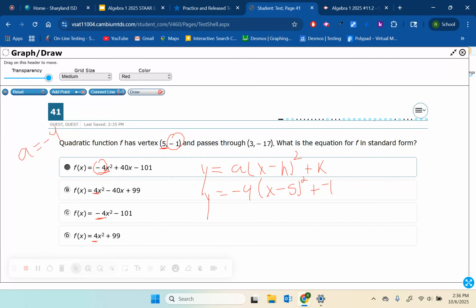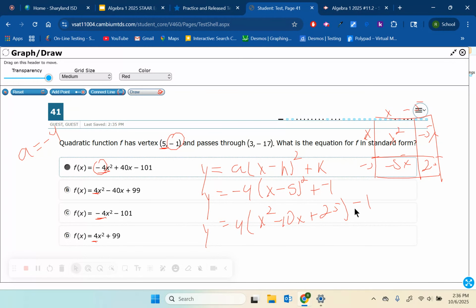I have to work this out, which is going to be (x minus 5) squared: x squared minus 5x, and then plus 25. So y equals negative 4, parentheses, x squared minus 10x plus 25, close it, and then minus 1.